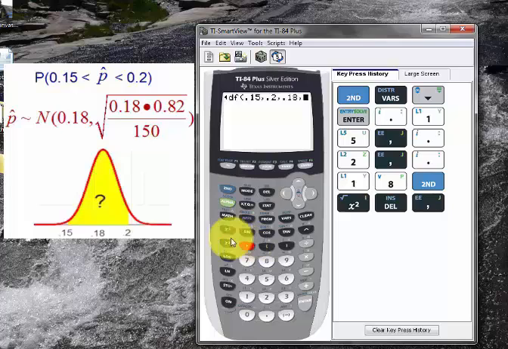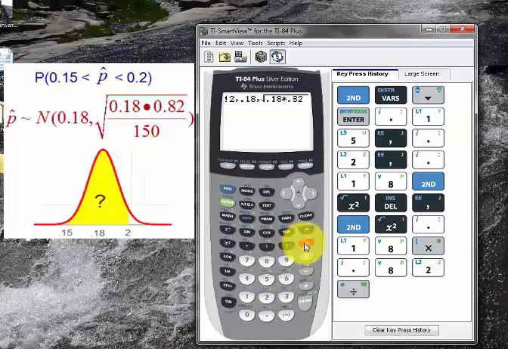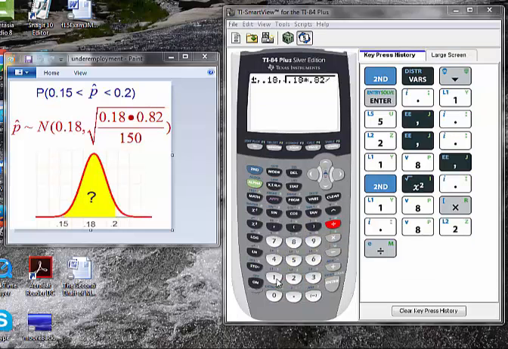was the square root, so second square root of PQ over N, so that's 0.18 times 0.82 divided by 150.